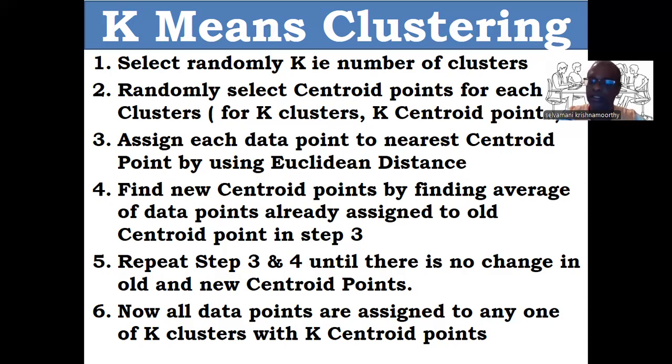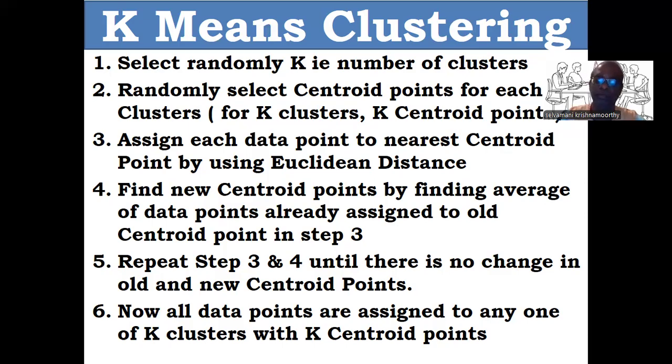Whatever data points are assigned to one centroid point, we need to find the average of those data points. That average should be considered as new centroid point 1. In the same way, we need to find new centroid point 2 and new centroid point 3.